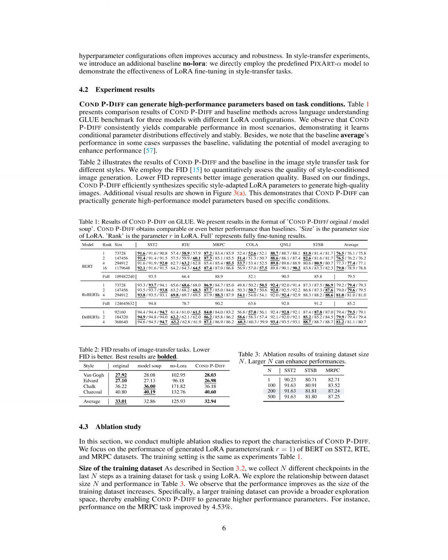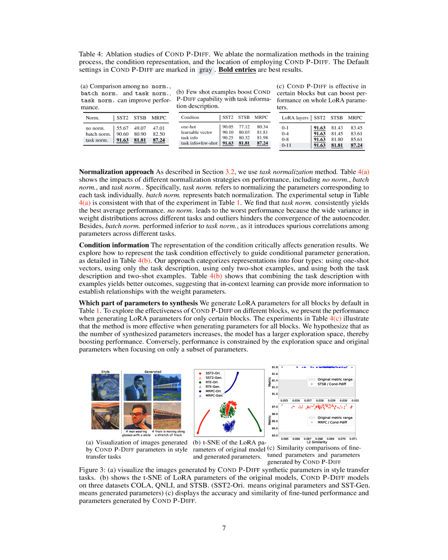For image style transfer tasks, the method efficiently synthesized style-adapted LoRA parameters, resulting in lower Frechet inception distance (FID) scores, which signify better image generation quality compared to baseline models. Additionally, the ablation studies revealed that task normalization and the size of the training dataset positively impacted performance, further enhancing the efficiency of COND P-DIFF.